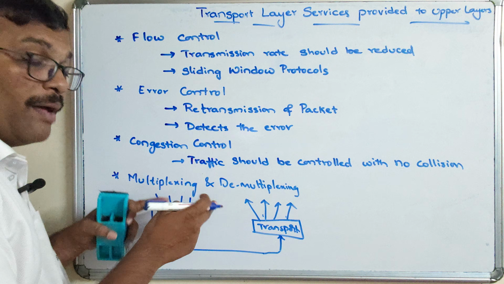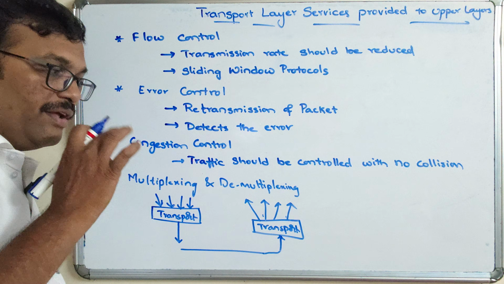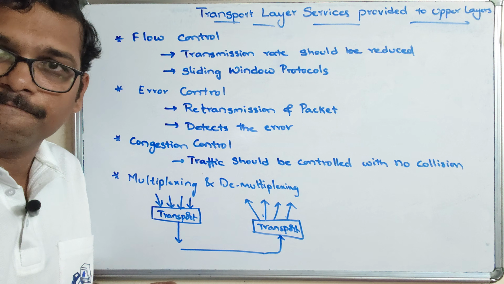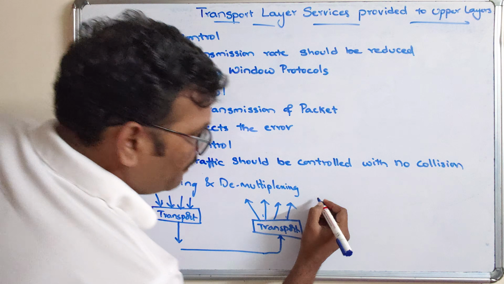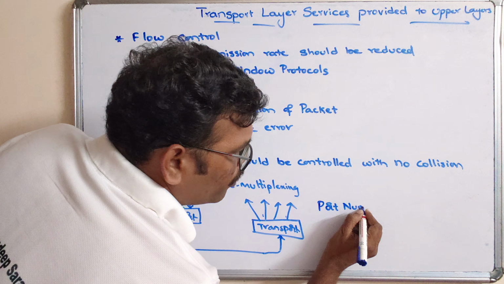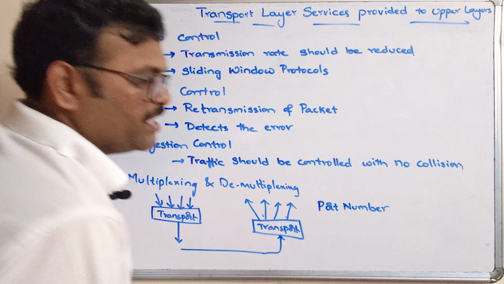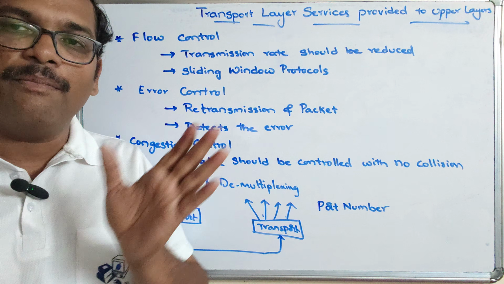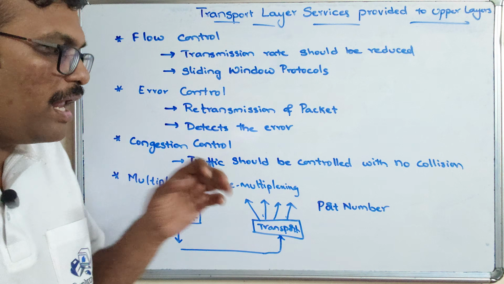How will it identify the correct application? That depends upon port numbers. For every application there is a port number. Based upon the port number, the data will be reliably sent to that particular application.